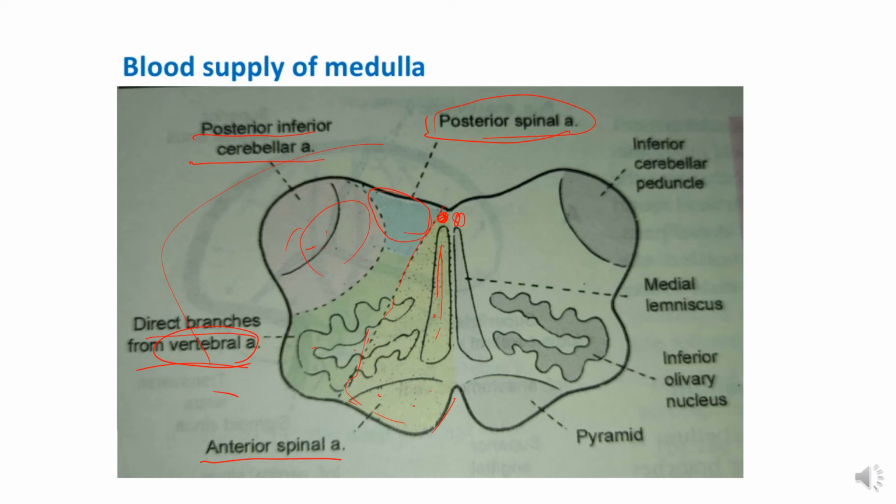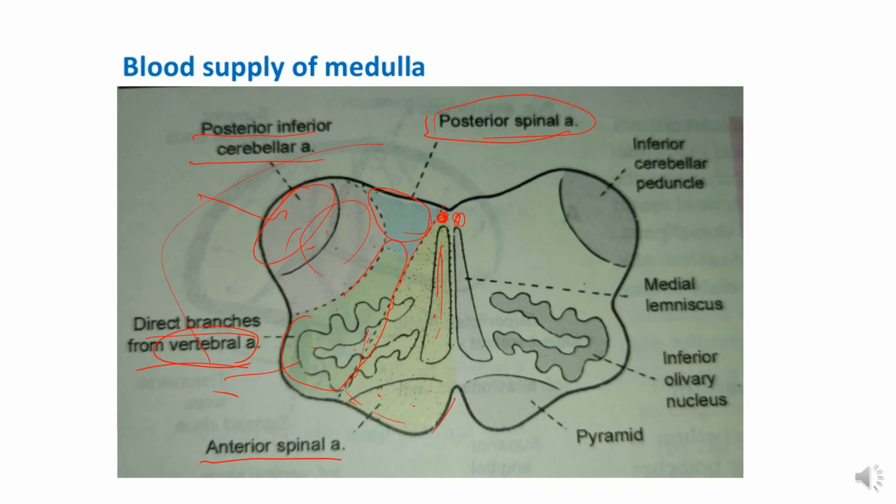The posterior inferior cerebellar artery also supplies part of the inferior cerebellar peduncle. The rest of the medulla is supplied by direct bulbar branches of the vertebral artery, shown in this green area.